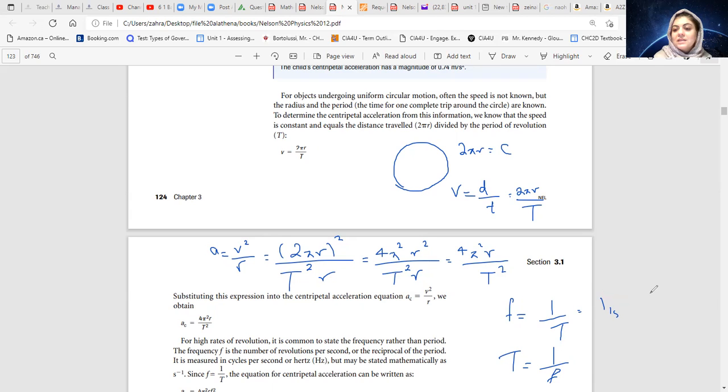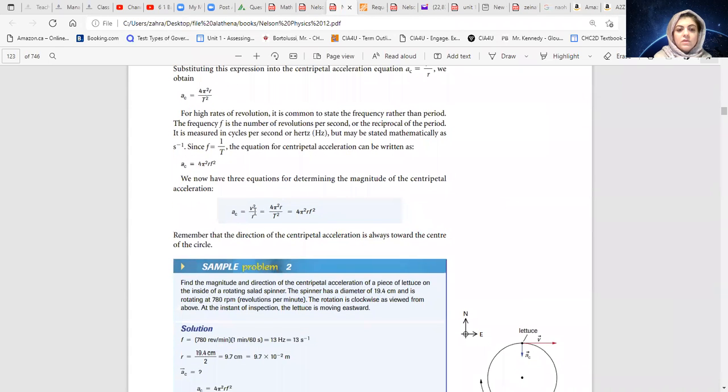So 1 over second is the same as hertz. Whenever you see hertz, it is 1 over second. Here I can turn period squared into frequency: period is 1 over frequency, so the frequency goes up. So this is the equation you have.